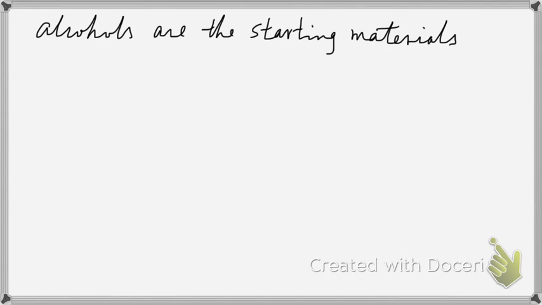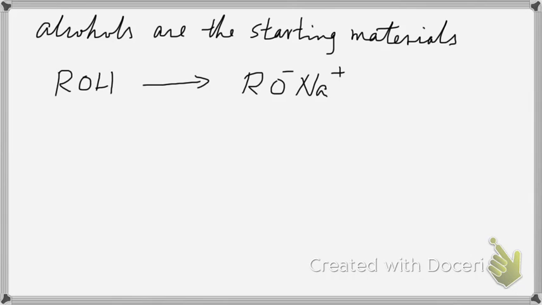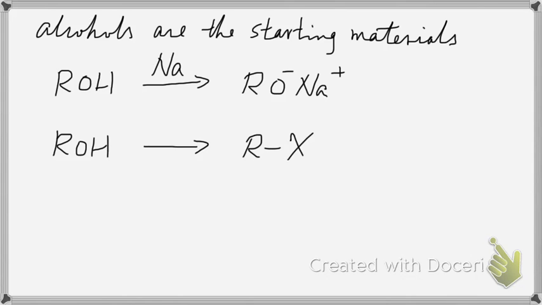Anyway, for Williamson ether synthesis, we are actually using alcohols as the starting material to make the alkoxide as well as the alkyl halide. How do we make alkoxide from alcohol? With sodium, right? Sodium will replace the hydrogen. And how do we make alkyl halide from the alcohol?